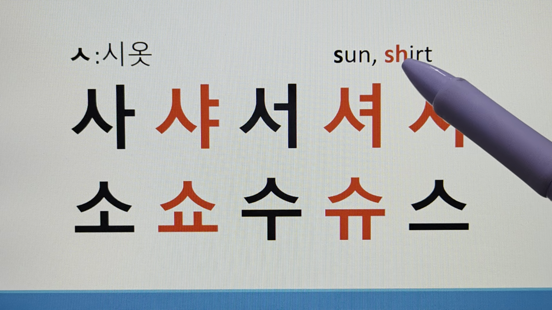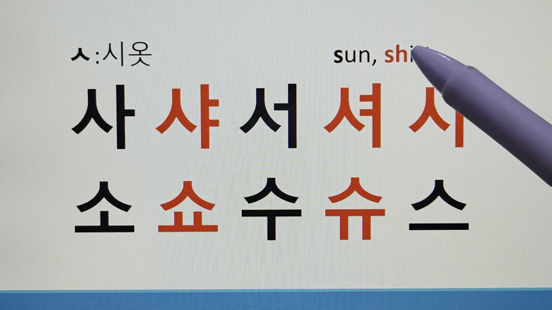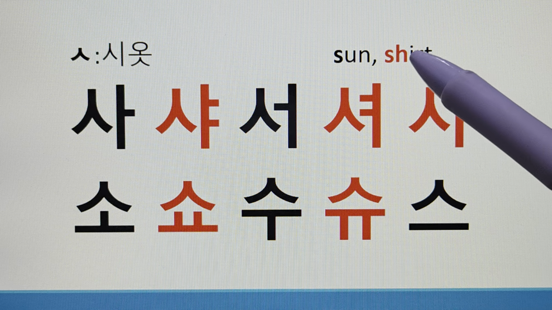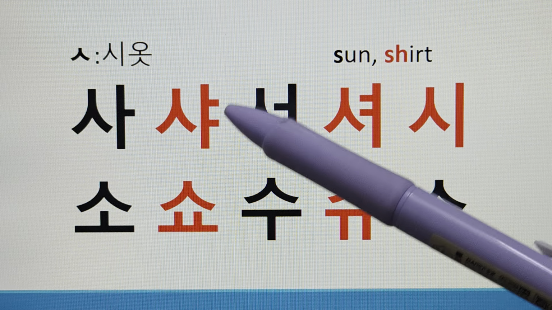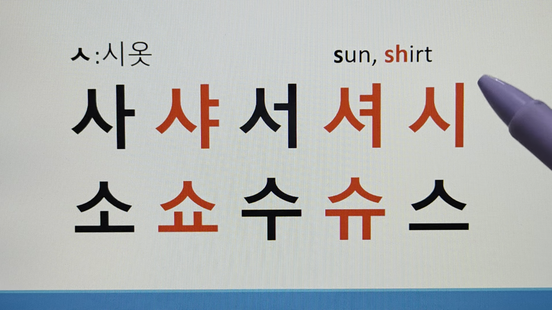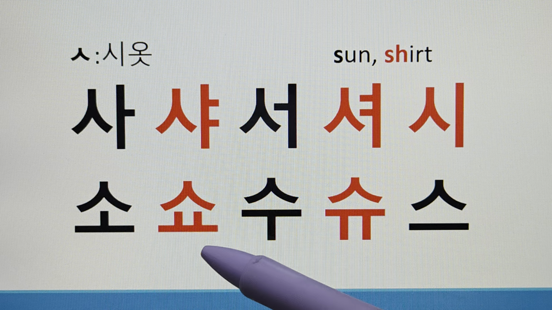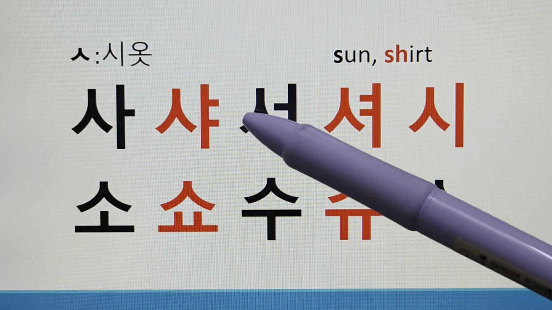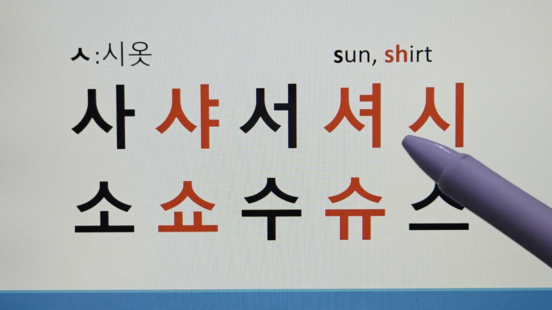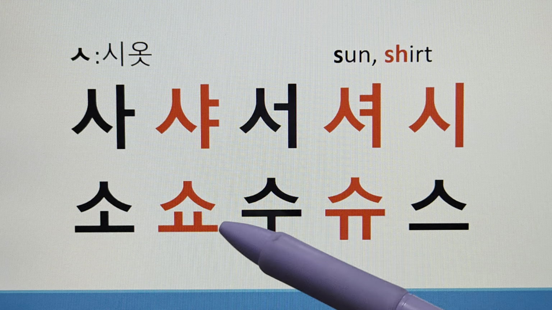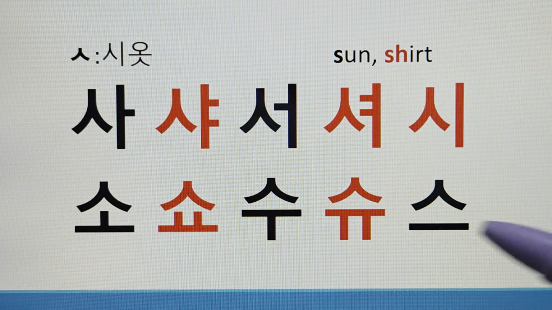But when it's combined with the red vowels, it sounds like sh in shirt. Sh. 샤, 셔, 시, 쇼, 슈. 샤, 셔, 시, 쇼, 슈.